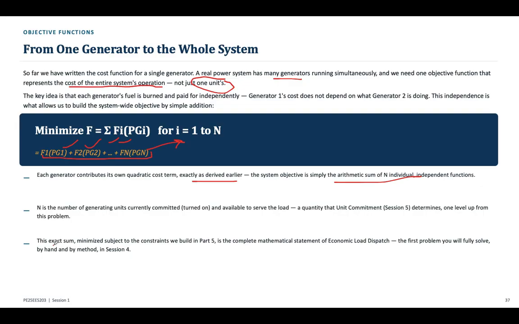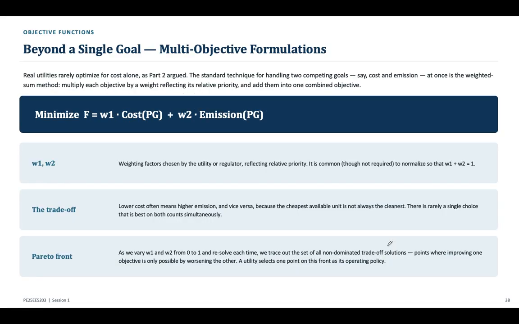So this exact sum, minimized subject to the constraints we are going to build, is the complete mathematical statement of economic load dispatch. The first problem you will fully solve by hand and by method in our section 4.